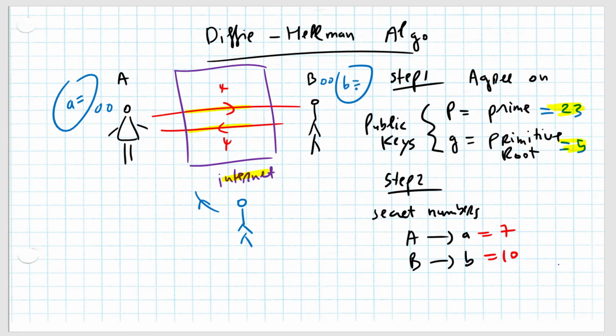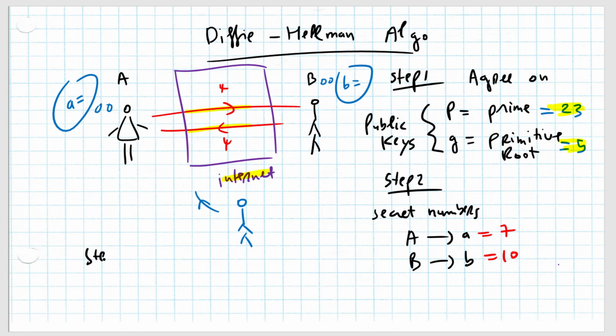If you don't know these two numbers, for all practical purposes there's no way, or it's going to be extremely difficult. It's going to take you years to find out what message they're trying to exchange. Okay, so that's the idea. So in step 2, they don't have to be prime, by the way. 10 is an even number, right? But they have to be secret.